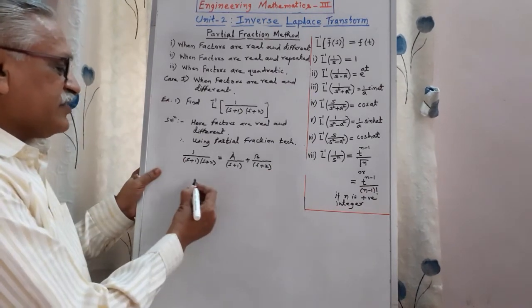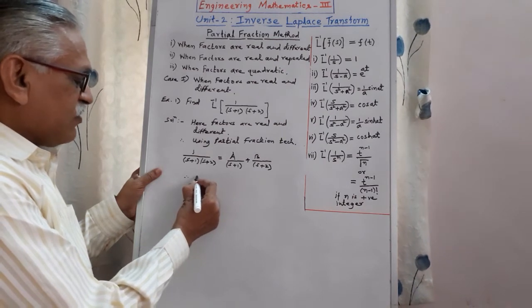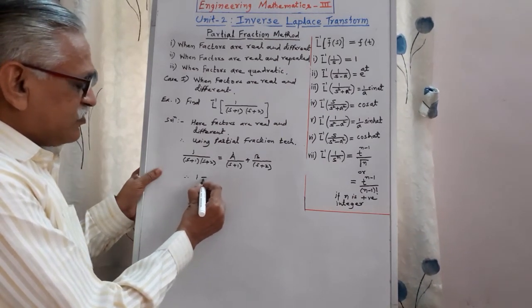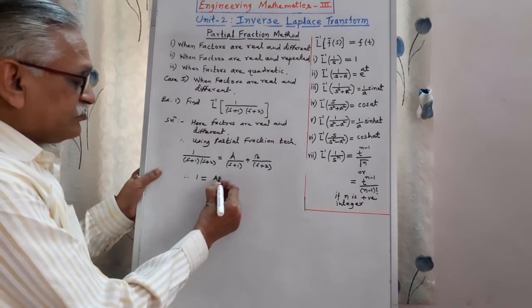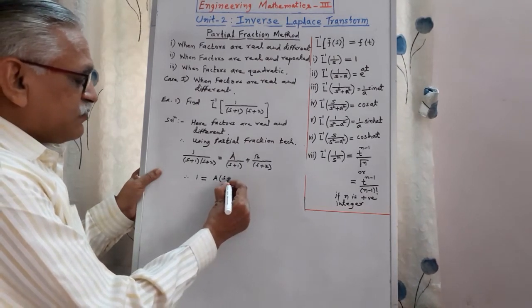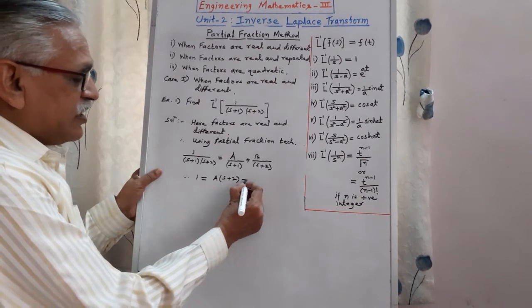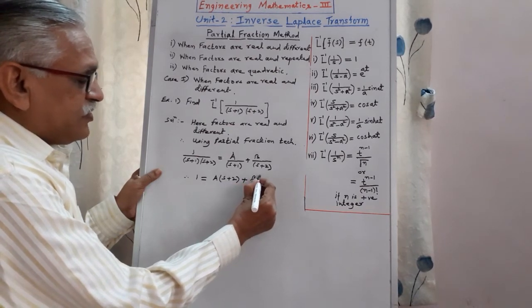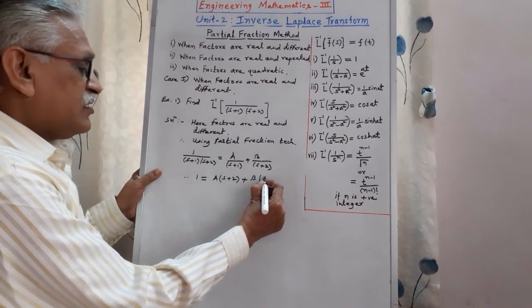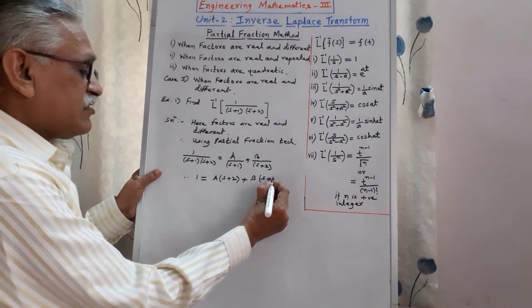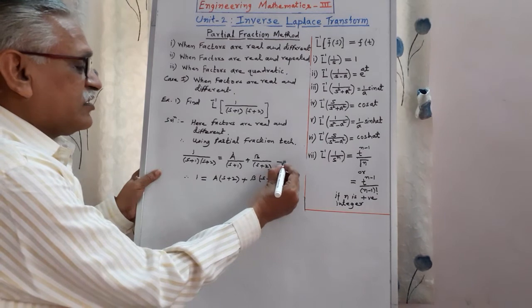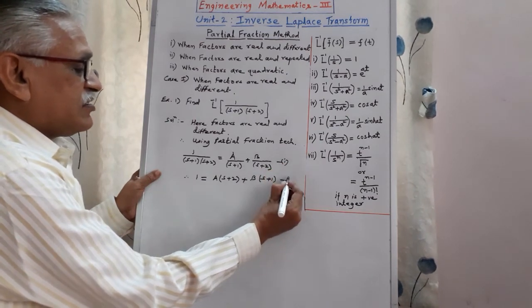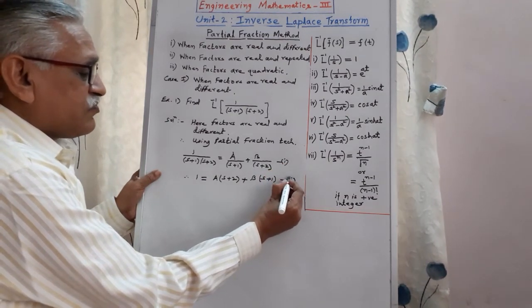Then finding LCM, we have 1 is equals to, cross multiplying it, A into s plus 2 and plus B into s plus 1. We call this as equation 1, this as equation 2.